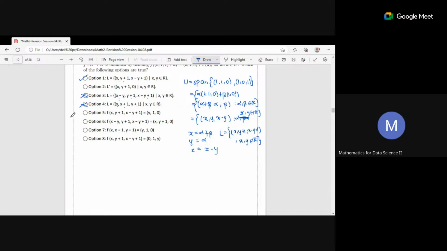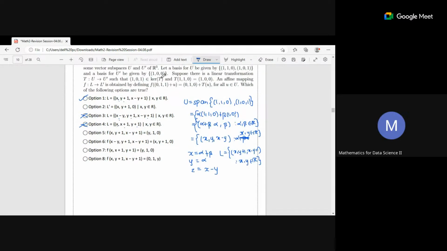Fine. Next, we have to find what is your L dash. L dash is simple. You just have only one vector. So L dash is the set of all... Ma'am, even the first option doesn't satisfy that condition, right? x, y plus 1, x minus y plus 1, exactly coinciding with this?